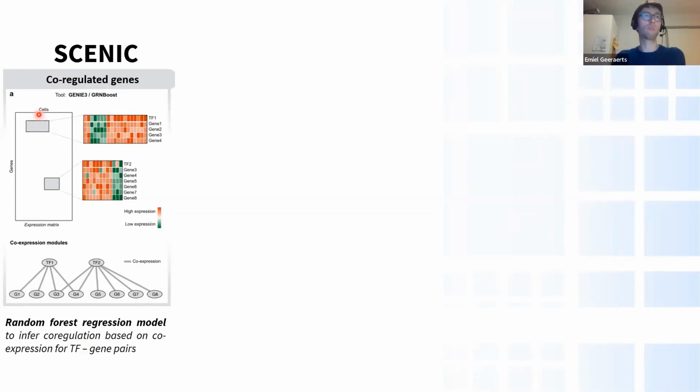So it takes in your count matrix, so your cells and your genes, and it looks for gene modules, so genes that are co-expressed and are significantly associated with a specific transcription factor. So this first step creates or investigates correlation, co-expression.